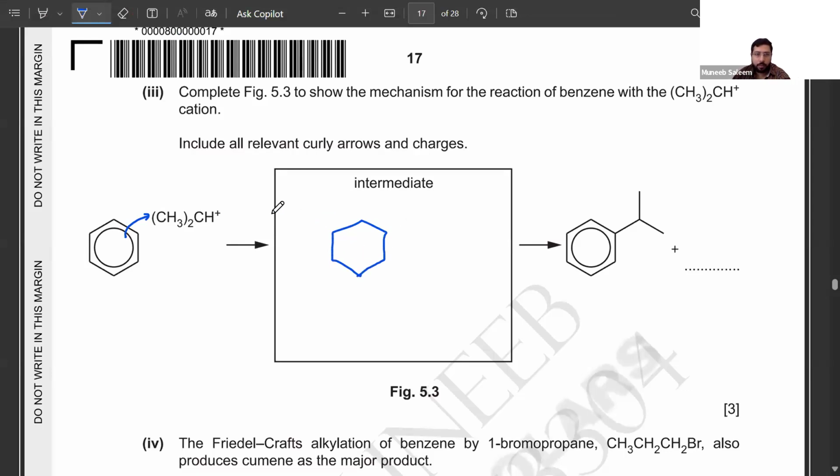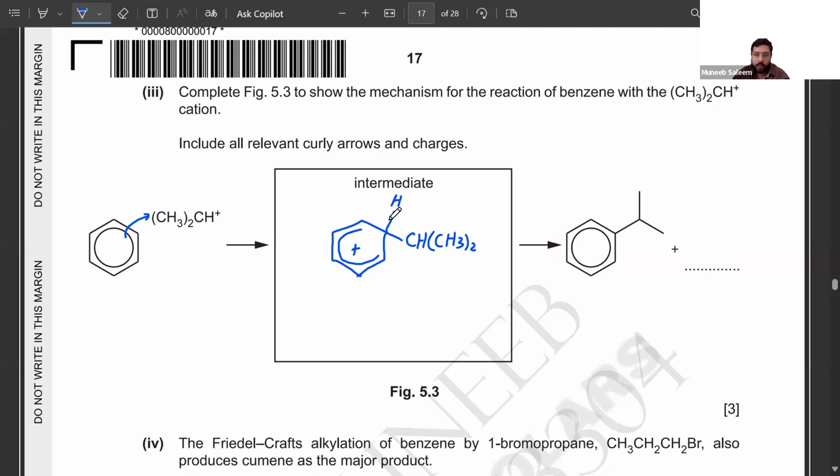Now I have broken the double bond from here, which means I need to indicate the remaining 5 carbon atoms like this, and the positive charge should be present in the center like this, and then a hydrogen atom is shown separately over here, and this cation must be bonded on this point to the carbon atom like this. Okay, so I have now shown it like this.